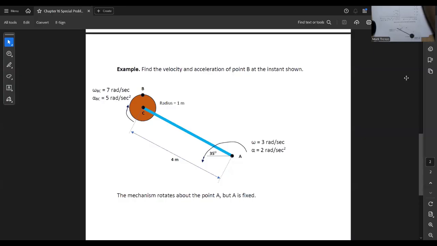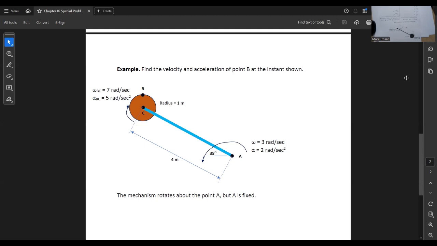Let's take a look at this problem. Find the velocity and acceleration of point B at the instant shown. So we have, again, the main mechanism moving counterclockwise at 3 radians per second, accelerating at 2 radians per second squared. But then on that main mechanism, we have another rotating disk that's moving at 7 radians per second and accelerating at 5 radians per second squared.